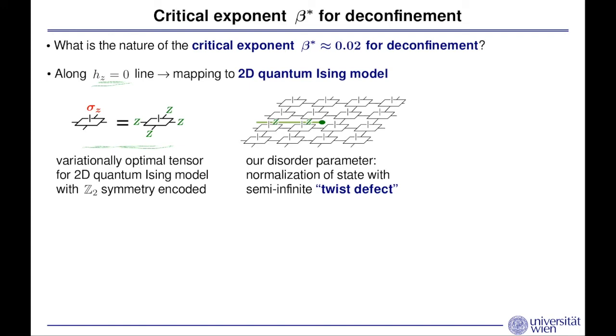And the order parameter for deconfinement now maps to a disorder parameter, where along a cut we put a symmetry operator and terminate, and then we take the string to infinity, or we take a very long string and ask what happens as we separate the endpoints.